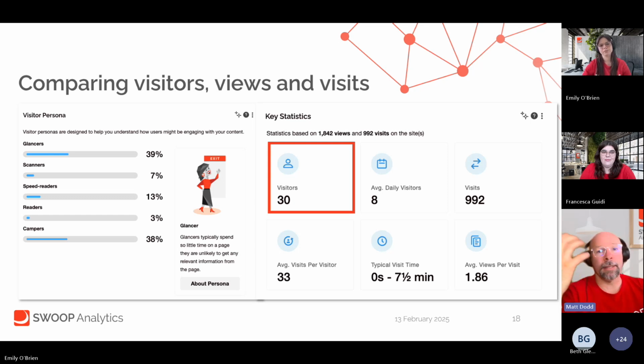If it's a departmental landing page, I would expect a much higher number of views than visits. And the visitor numbers you'd hope to be similar to how many people are actually in that department. You would hope that the department you built the page for is accessing it.